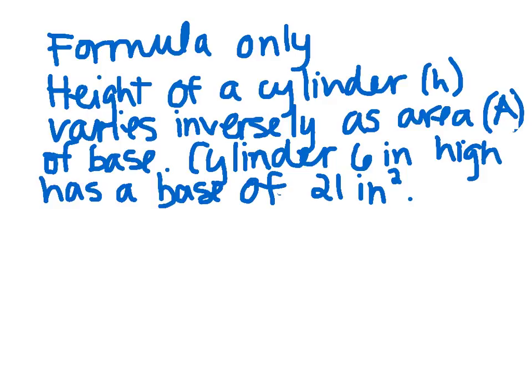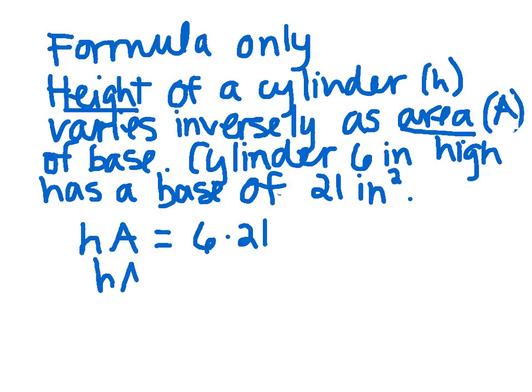We know that any x times its y, and in this case, any h times its area, height times its area, because the height varies inversely as the area, equals any other height times its area. And in this case, we're given 6 times 21. So the formula is just HA is equal to 120.